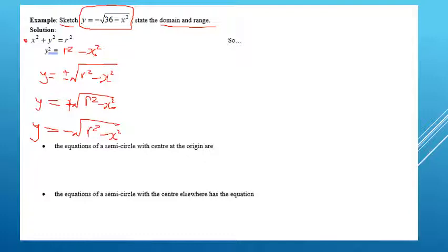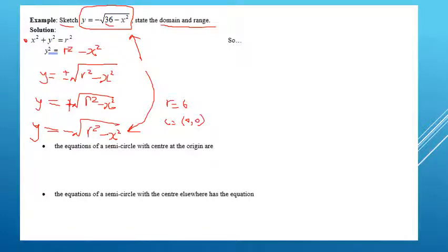Right, so if you look back at our original question here, we looked at the form, and so in this case we'd say the radius is 6, and the centre, there's nothing with the x or the y inside, so we'd say the centre is going to be 0, 0.